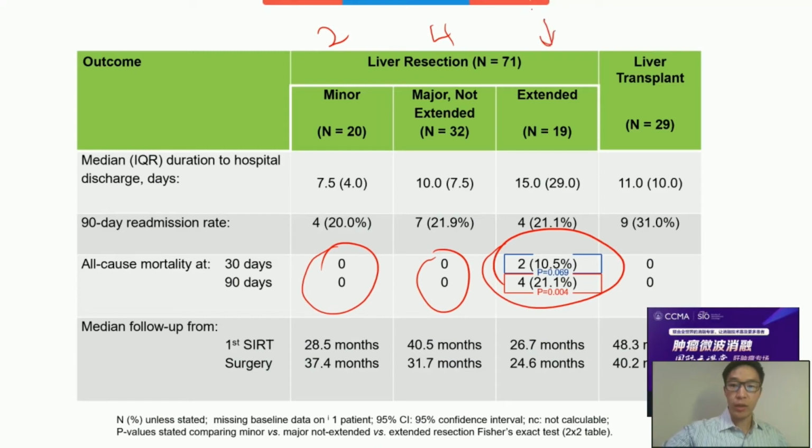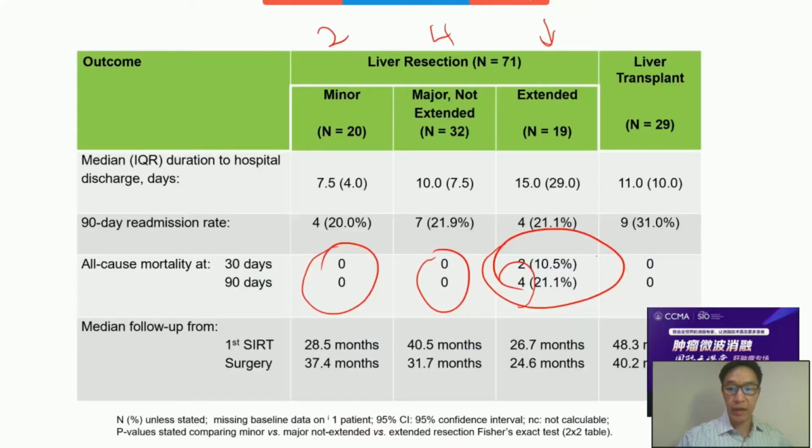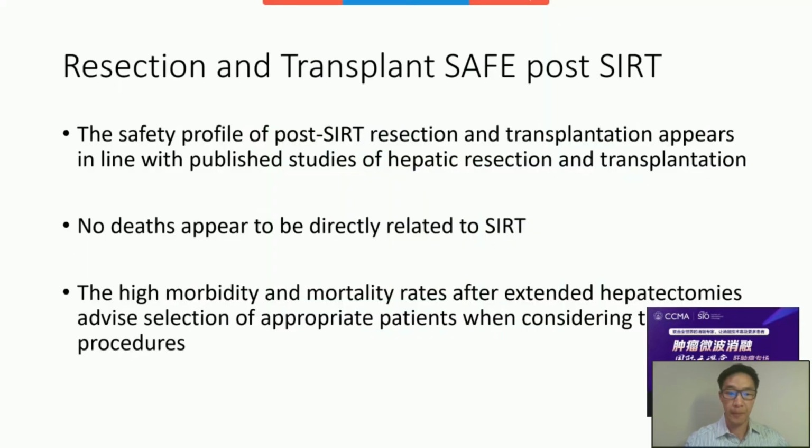And only in cases when there was an extended hepatectomy, in other words, more than 4 segments resected, so 5 or 6 segments resected, did they actually end up having a statistically significant increased complication rate. This increased complication rate, mortality or death at 90 days, really doesn't represent a significant difference as compared to if these patients had had a resection without SIRT.